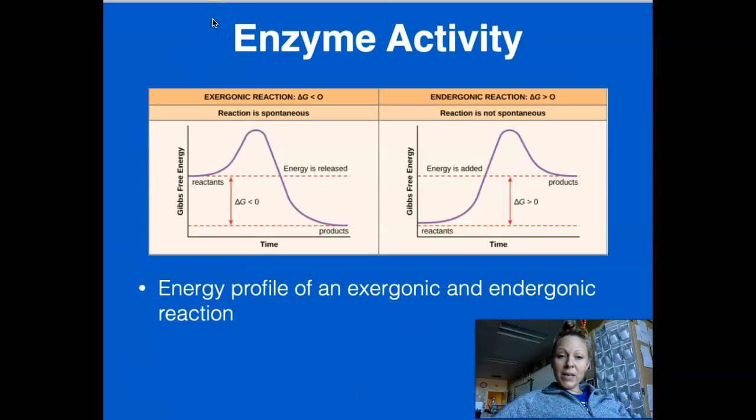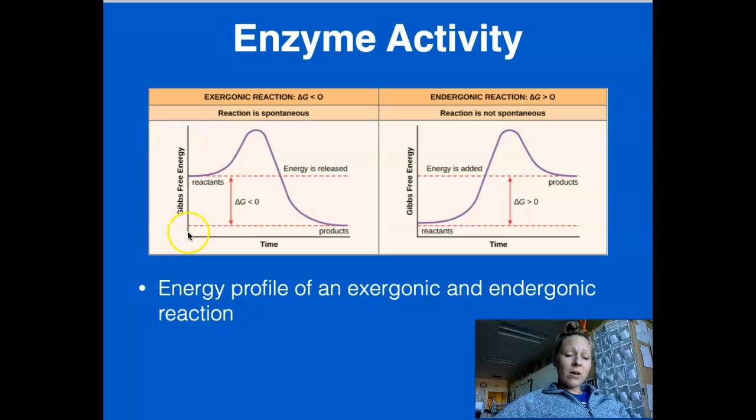So welcome back, and now we're going to talk about enzyme activity. Enzyme activity is the amount of energy that it takes for a reaction to go that is catalyzed by an enzyme. Here we have an exergonic reaction and an endergonic reaction.